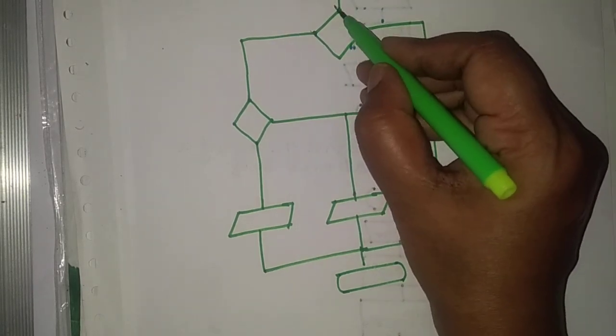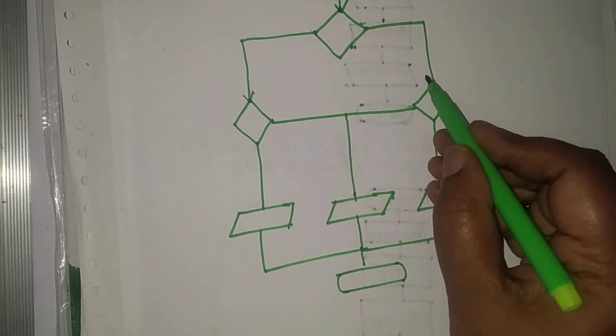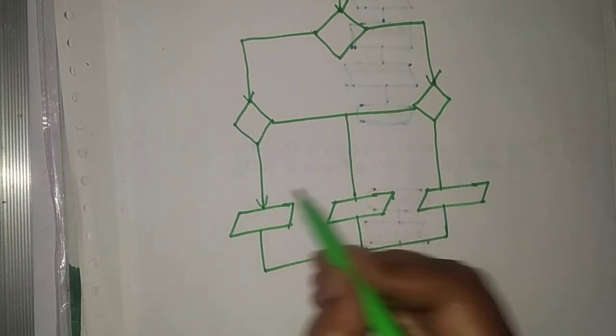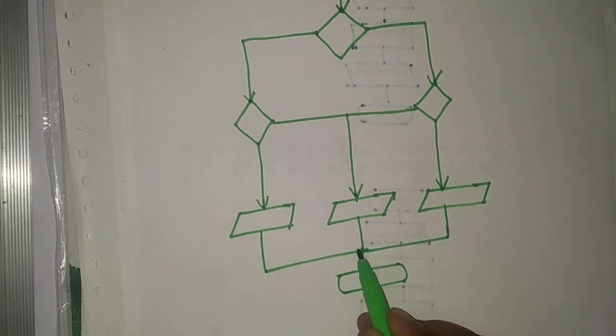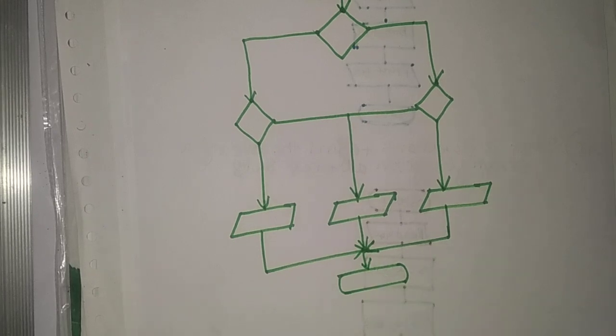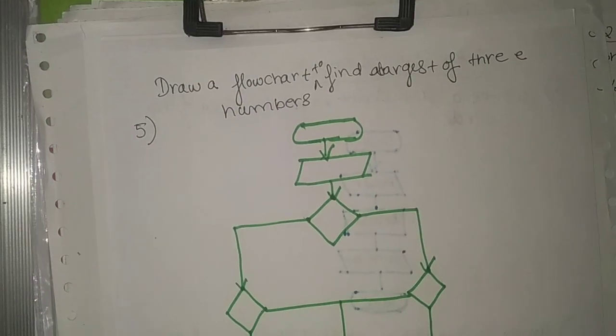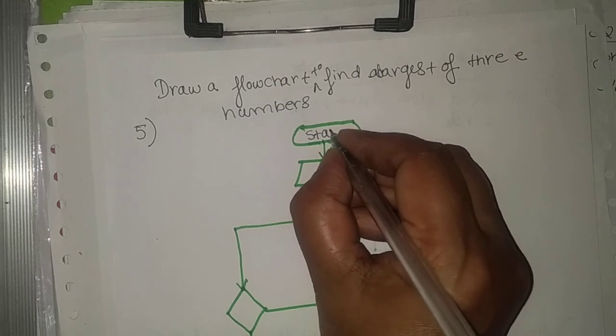So here see, this is the connection, and here this comes like this, again here. So we'll explain the contents here. Largest of three numbers, we'll write start.